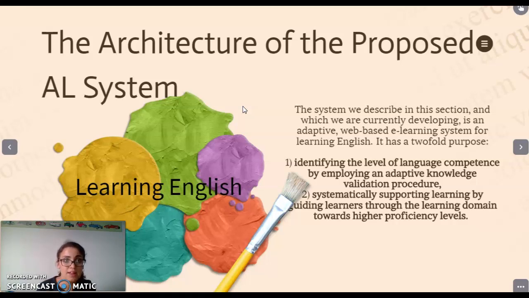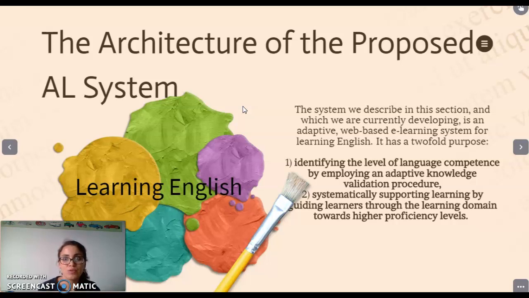They explain the architecture and they give an example, and I want to give this example to you. The system we will describe in this section, and which we are currently developing, is an adaptive web-based e-learning system for learning English.